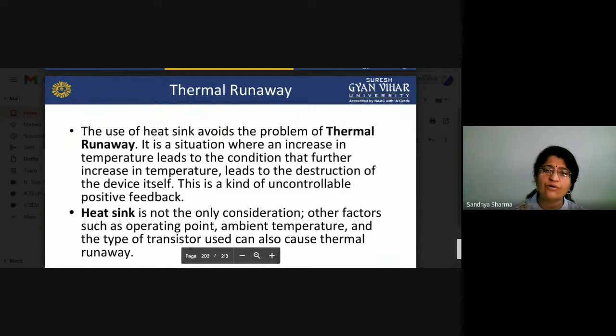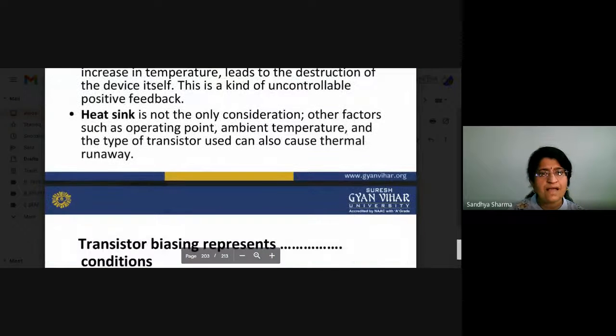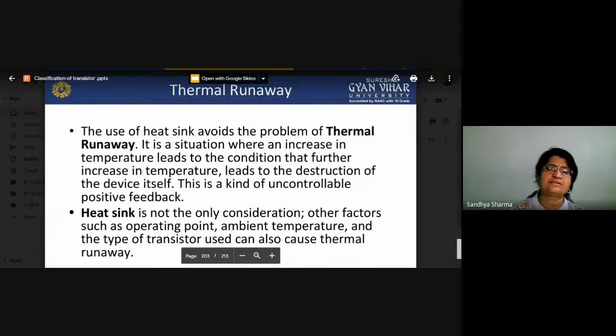So the heat sink is not the only consideration; other factors such as operating point, ambient temperature, and the type of transistor can also cause thermal runaway. There are so many factors that cause the thermal runaway phenomenon.